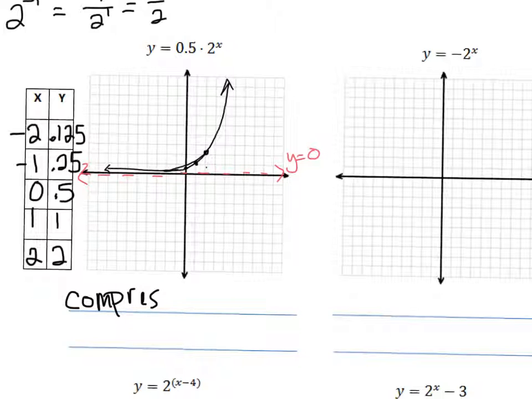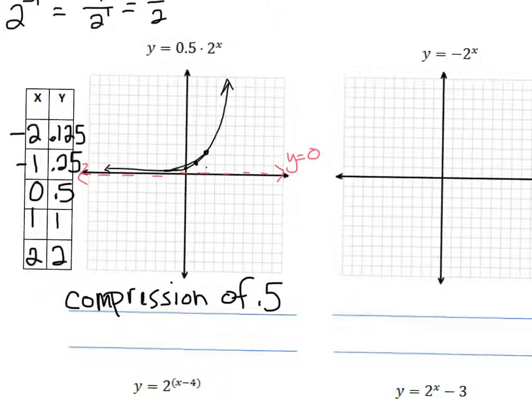And it's the number that we multiplied by that's the compression. So it's a compression of 0.5. If you notice, it didn't go up or down any from the original one. It's still approaching the 0 in the same spot again, just a little bit wider. So this is a compression of 0.5.